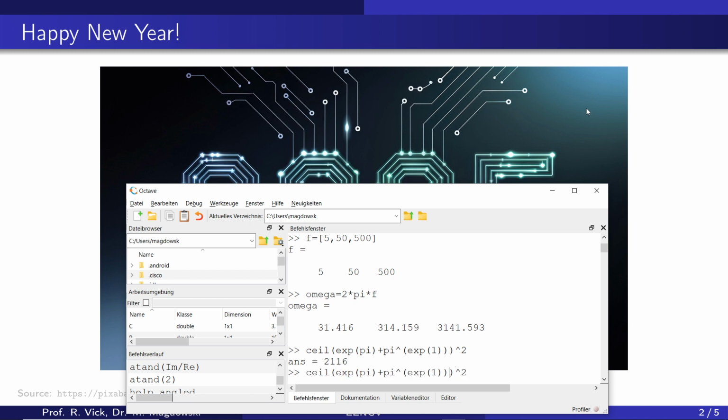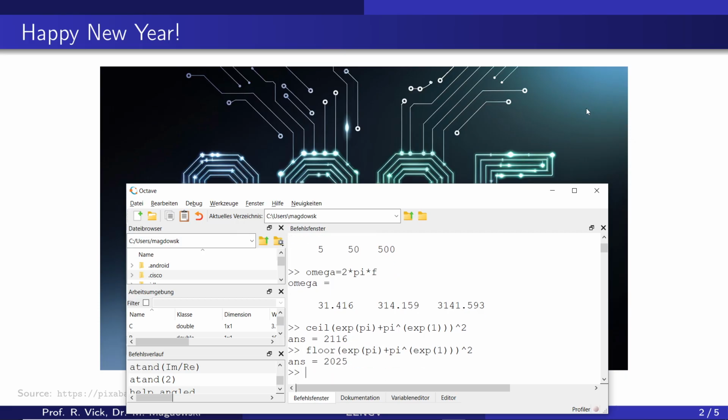Oh, no. Well, not ceil. I used the wrong function. Floor. Nearest integer below. Then we have 2025. Okay, so this is what works with π and e to get 2025.